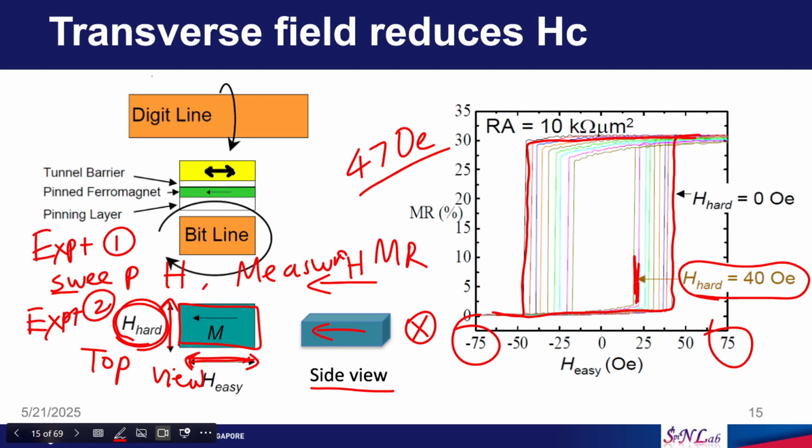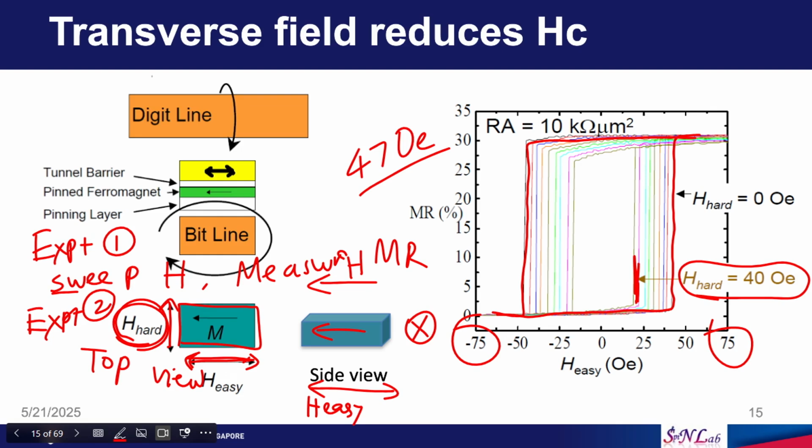Top view is like this. In the side view, H easy is either along here or there, we are sweeping, and the hard magnetic field is always in one direction. These two are orthogonal directions.